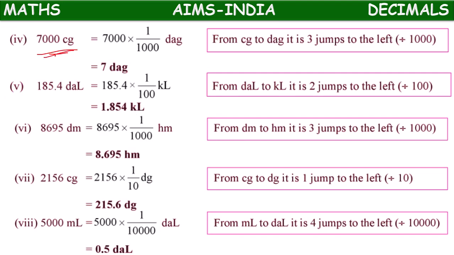Next, 7000 centigram to decagram. Centi to deca. So the order is kilo, hecta, deca, unit, deci, centi, milli.